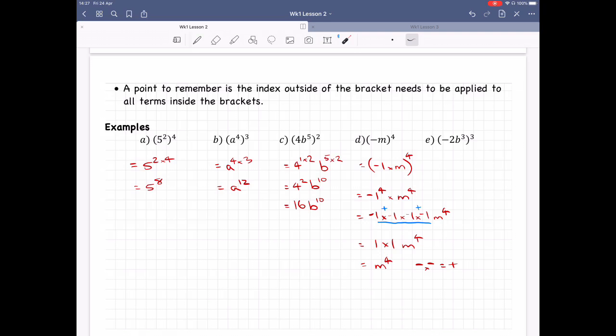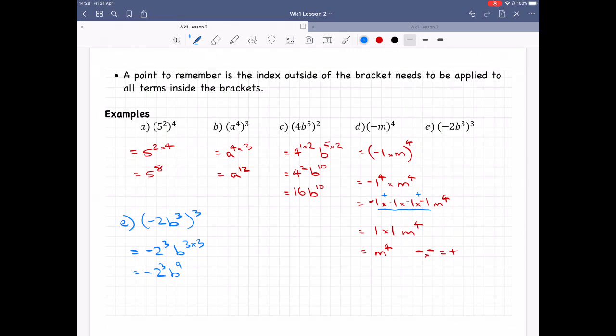And similarly, if we look at the next question where we've got minus 2b cubed, all to the power of 3, then we are again going to have minus 2 to the power of 3, b to the power of 3 times 3, which gives us minus 2 cubed b to the power of 9. And let's look at this term here again of the minus 2 to the power of 3.